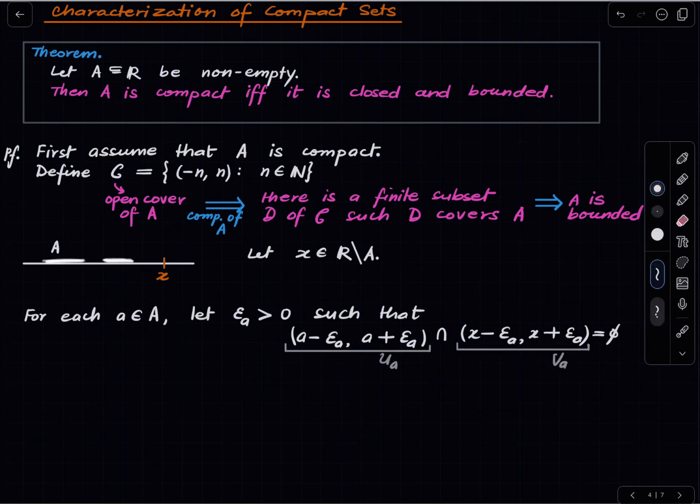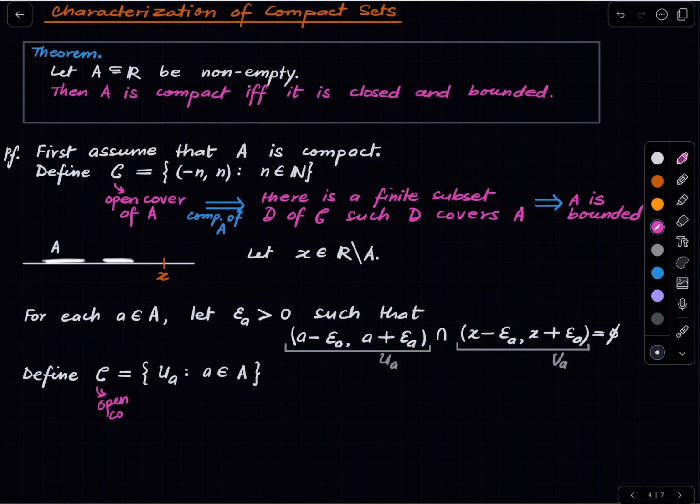So define C as this collection, and again, this is an open cover of A. Why is that? Because each element, you pick some element of capital A, it is there in this, and therefore the union of all the things here contains A.